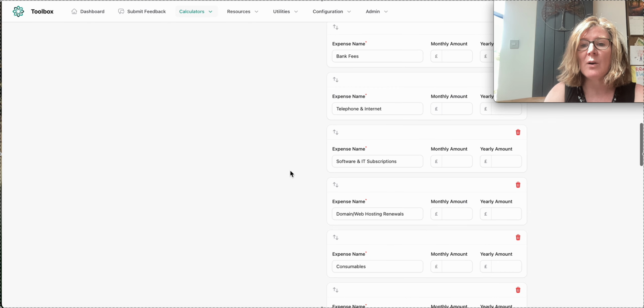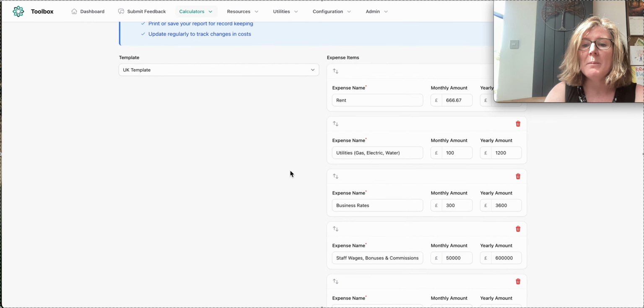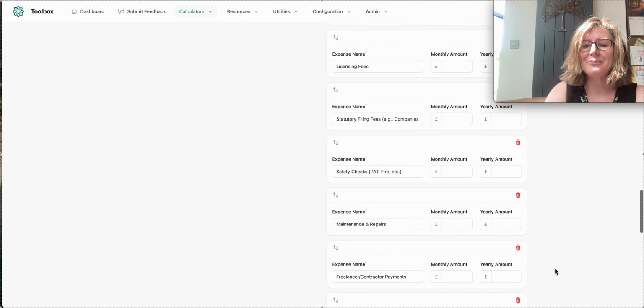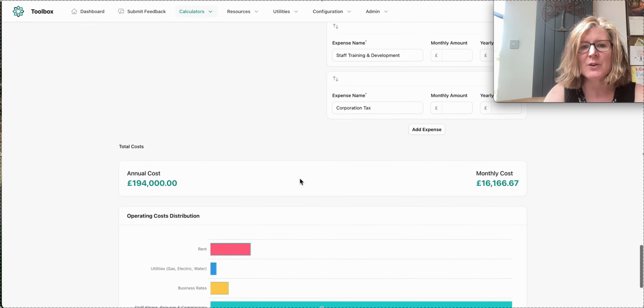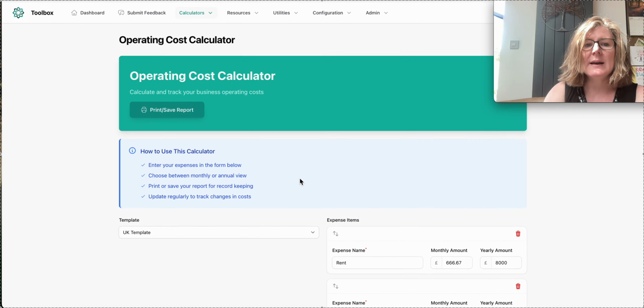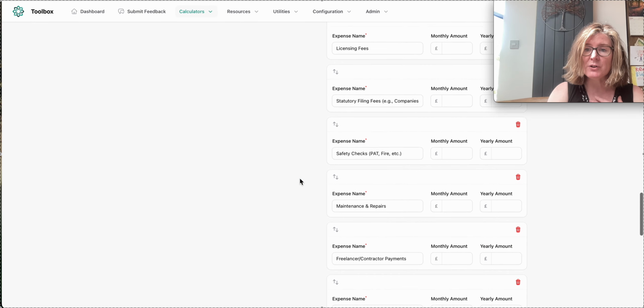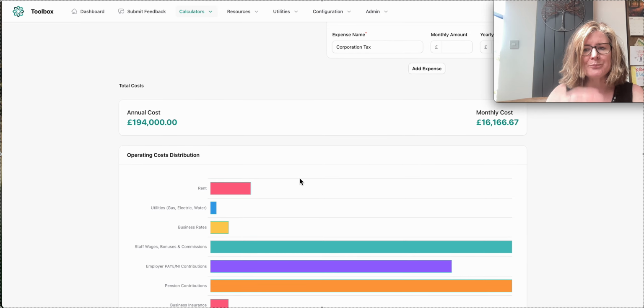If you're an employer, what you will find is that most likely your biggest expense is actually going to be your employees. I put a typo in, but it gives you a really good idea of where your expenses are. Now you can use this information to work out how many bouquets you need to sell to break even.